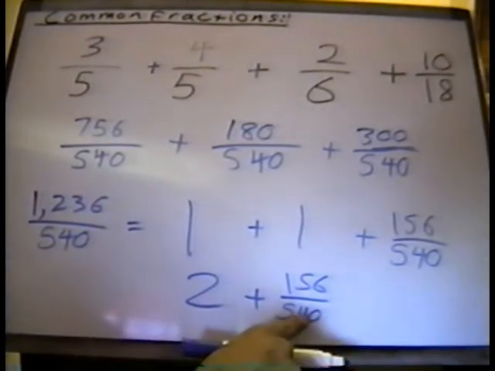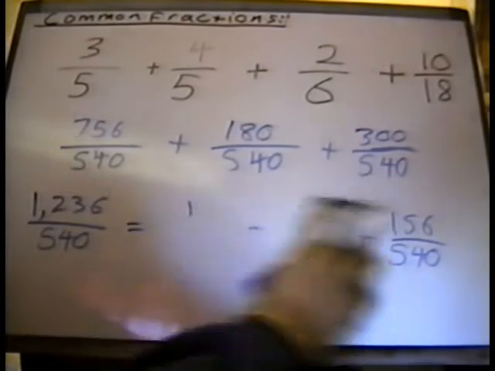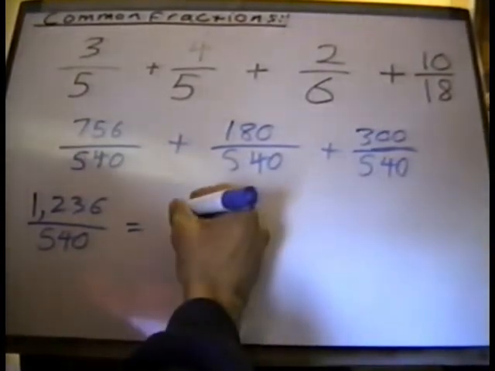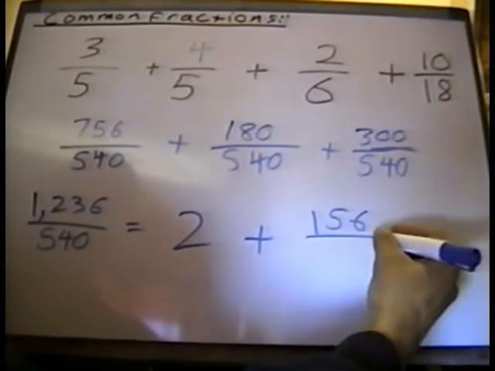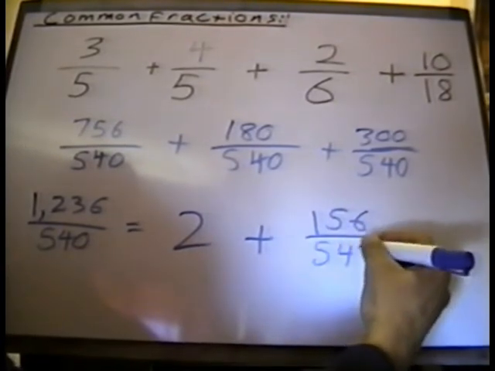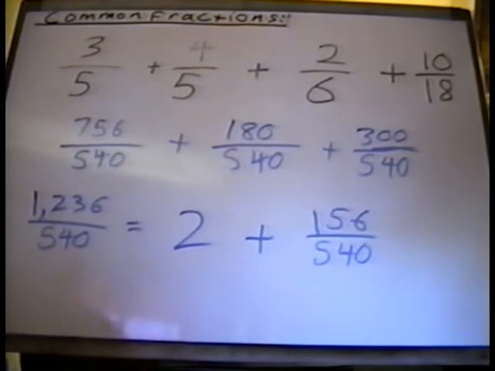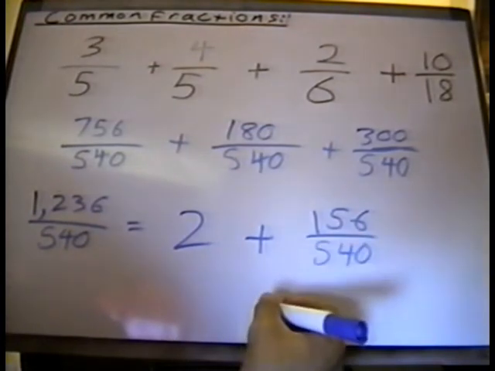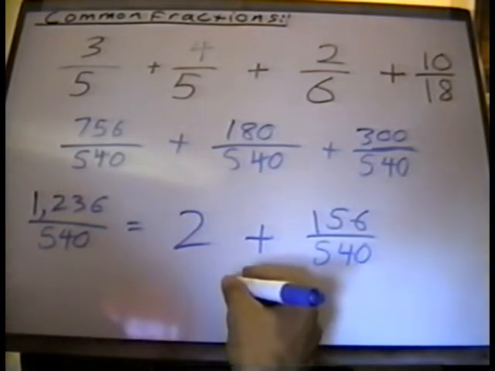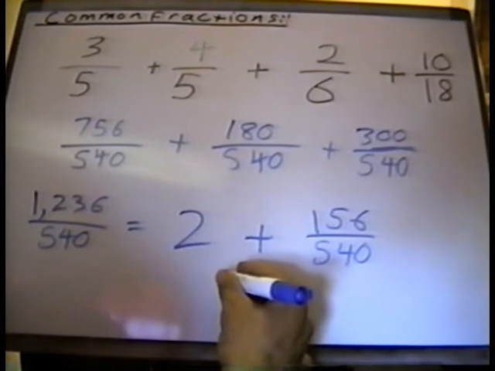Now this 156 over 540 still can be simplified. Okay? Now we divide each by 2. It's the same as dividing a number by 1.